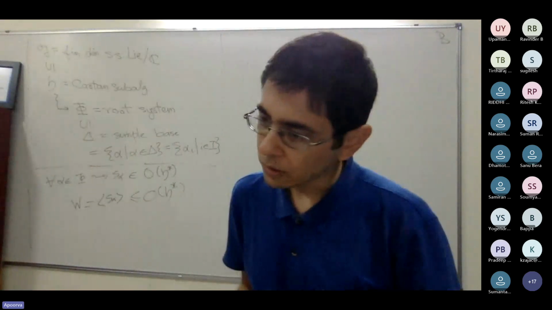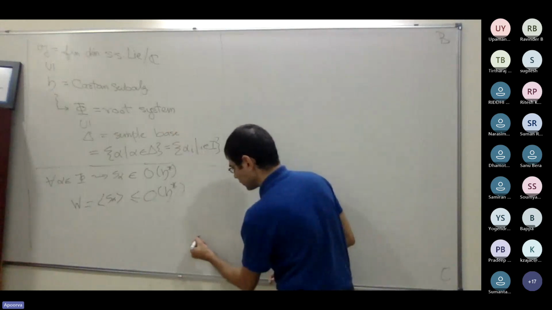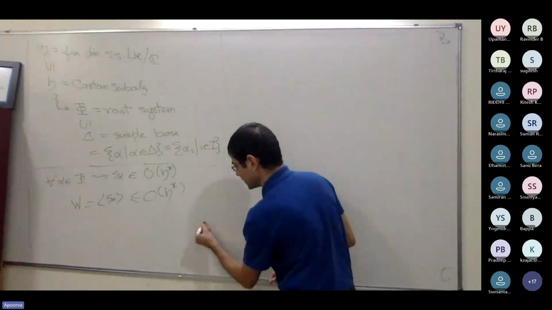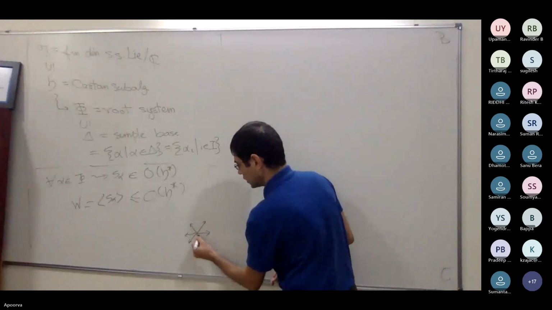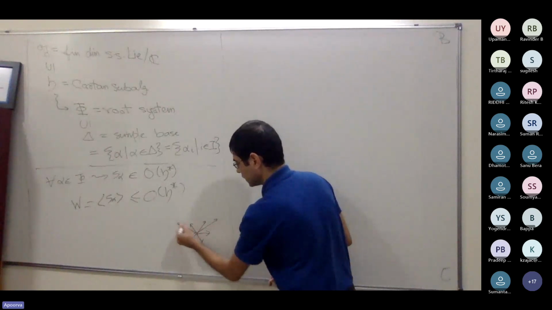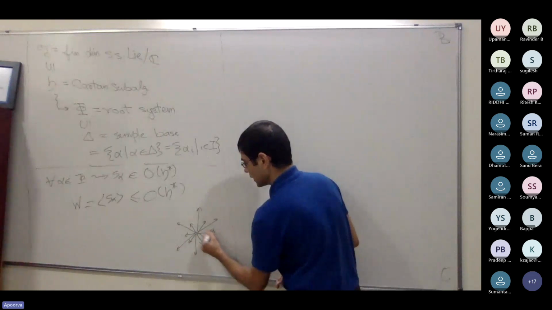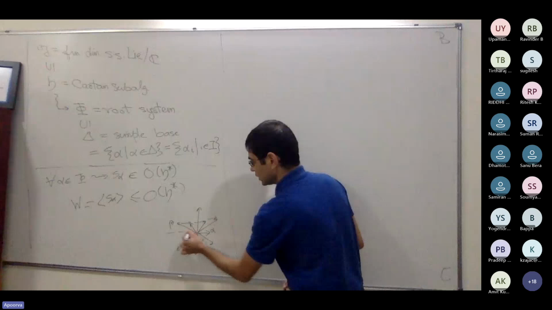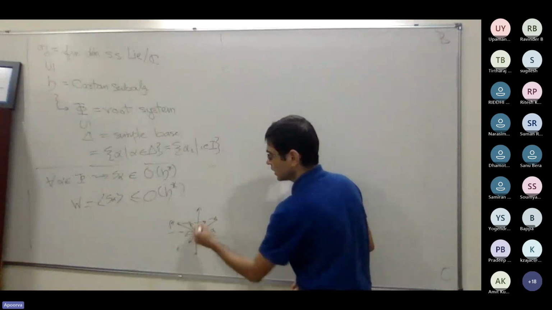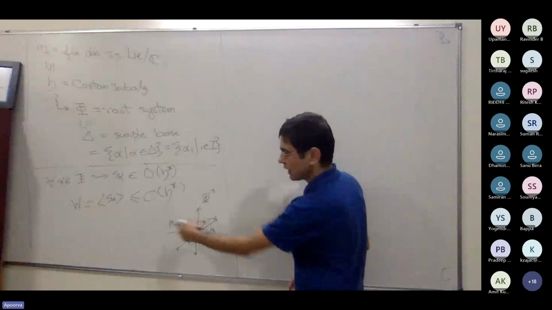Let me quickly draw one of these simple bases, in type G2. This is alpha, this is beta, and roughly speaking you have these positive roots, which are Phi plus. Every root in here is a positive combination of alpha and beta.